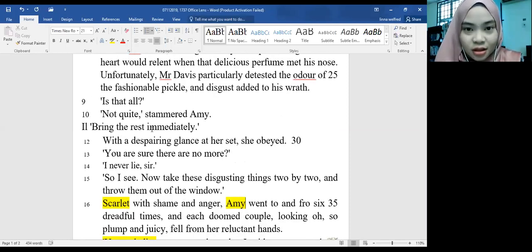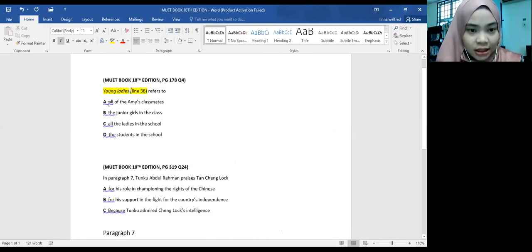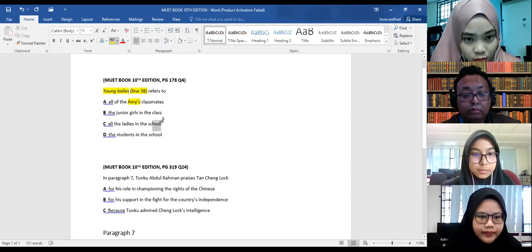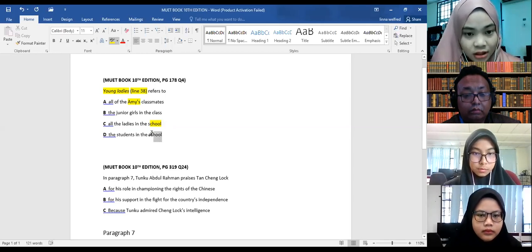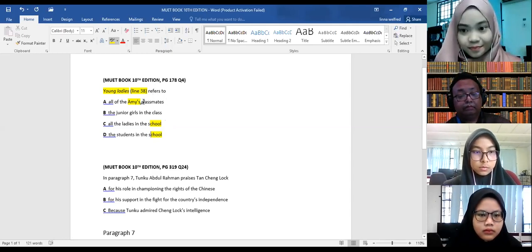If we look at the answer options, there is A, all of Amy's classmates, B, the junior girls in the class, C, all the ladies in the school, and D, the students in the school. The difference between these four options is that two mention school, and one is in the class. As this mentions classmates, the setting is in the classroom.